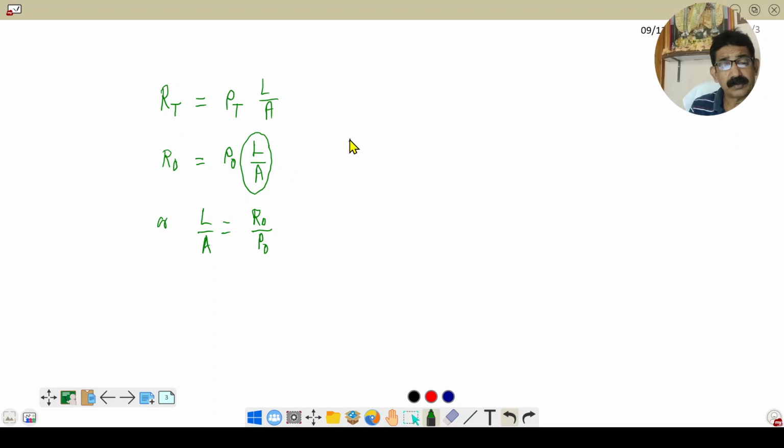So R T is equal to rho T, and in place of L by A we put R naught by rho naught.